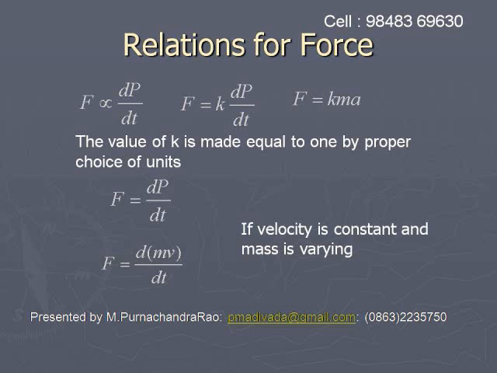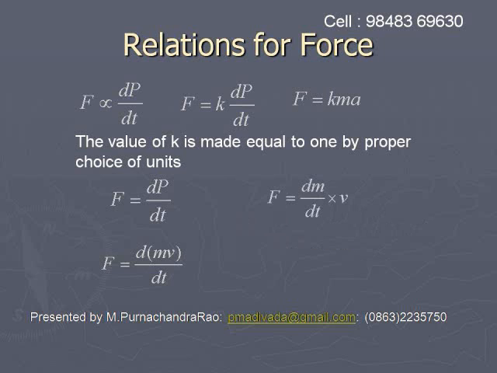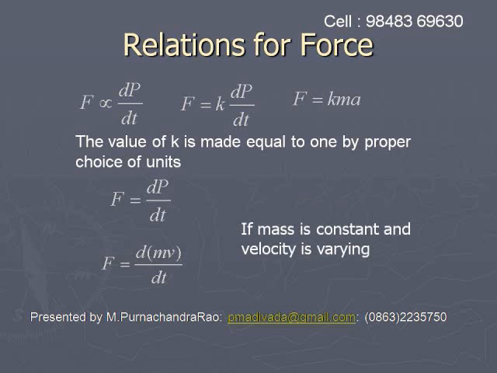Here, in m and v, there are two terms, mass and velocity, and any one can be changing. If velocity is constant and mass is changing, from calculus we will get F is equal to dm by dt into v.